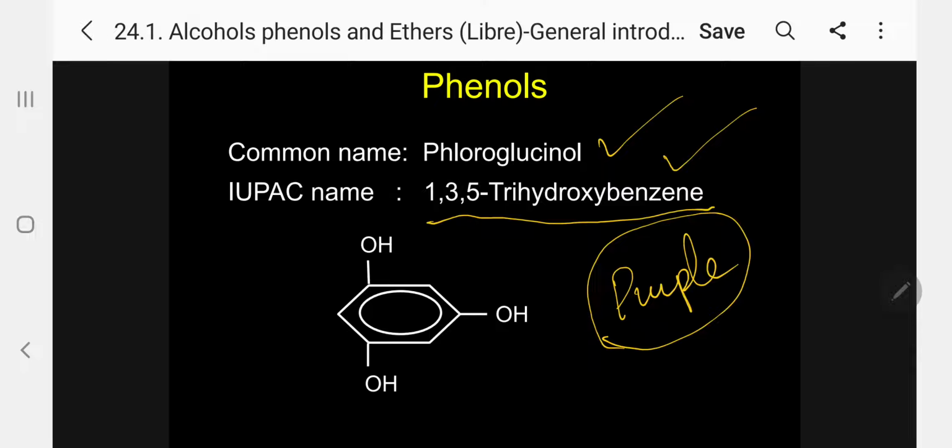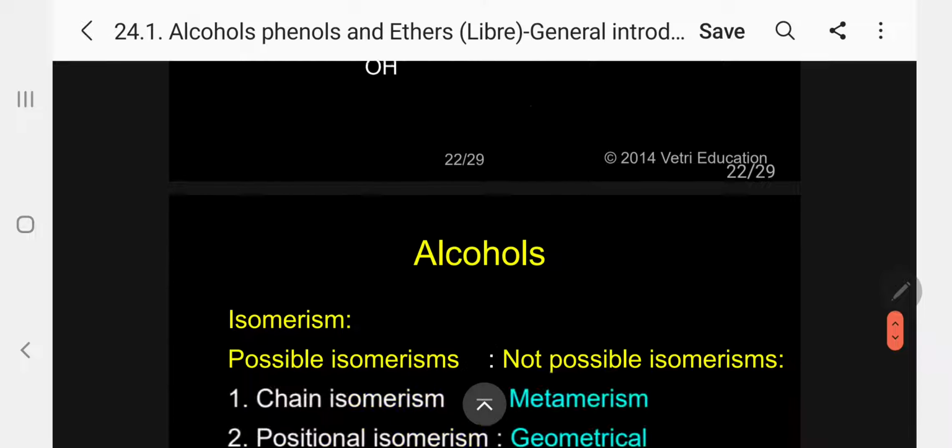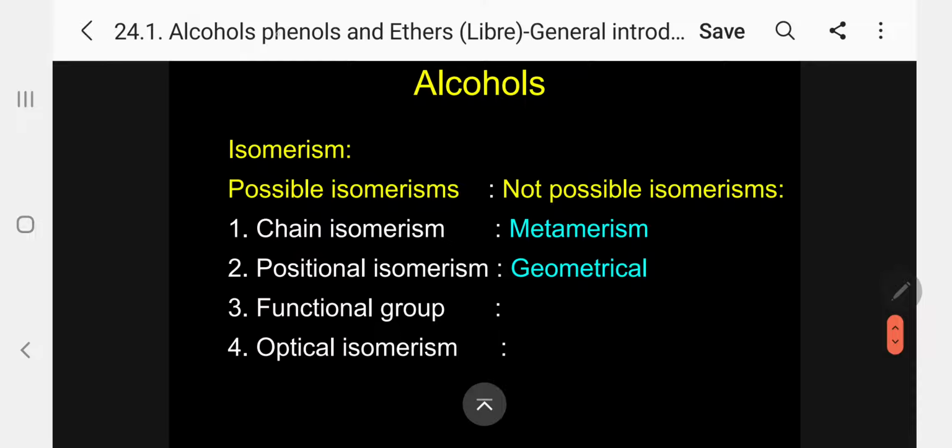At least you must know the name and structure. In the case of polyphenolic compounds, only name and structure, and if possible color variation. Questions may be asked. Okay. Let me take alcohol, then I will go for phenol.